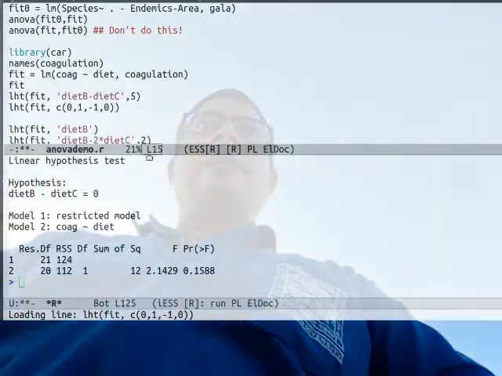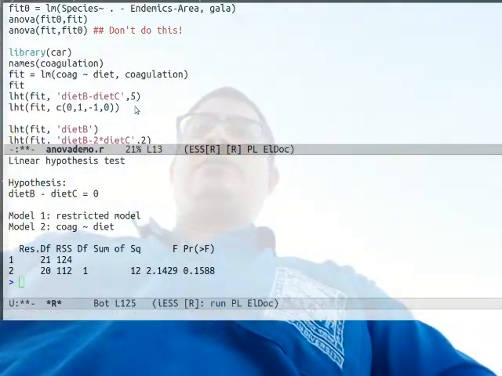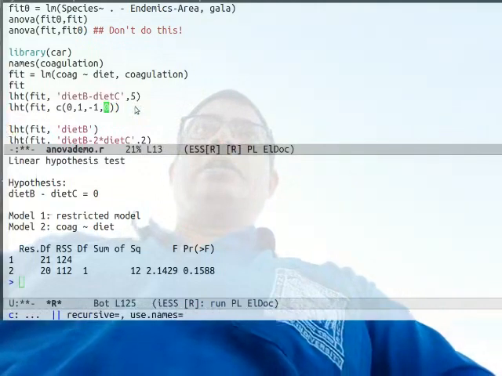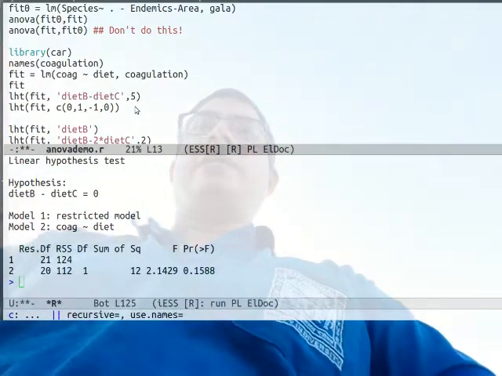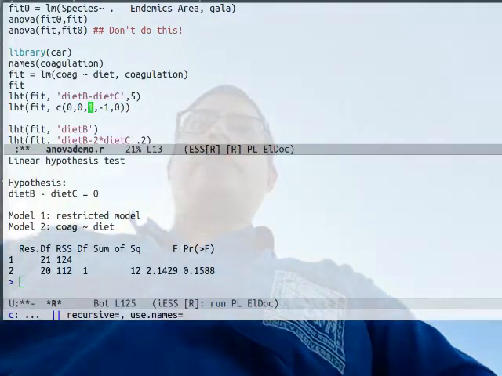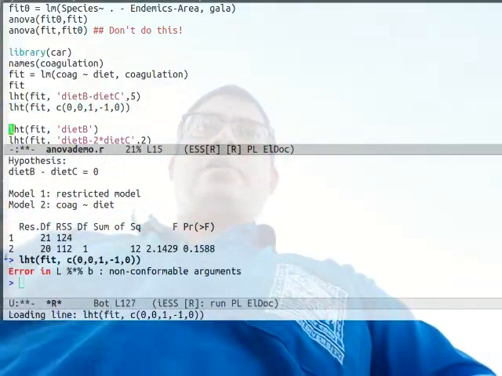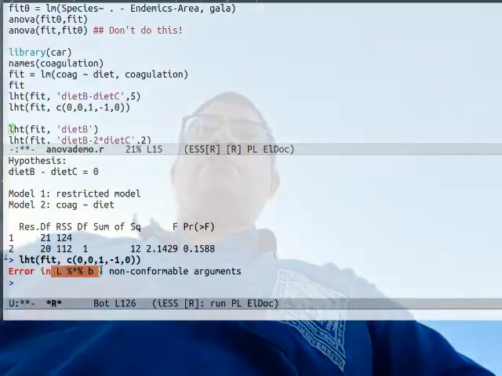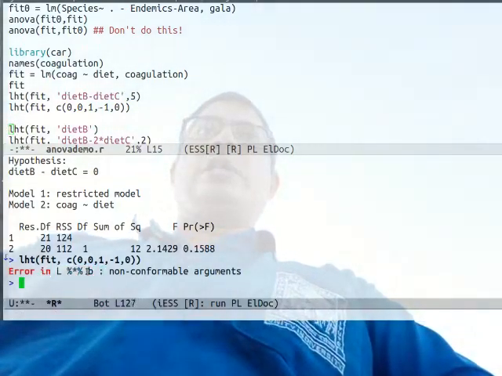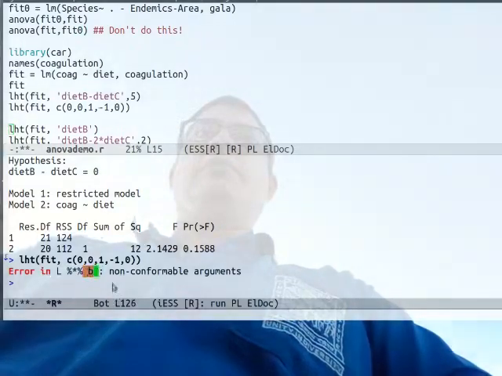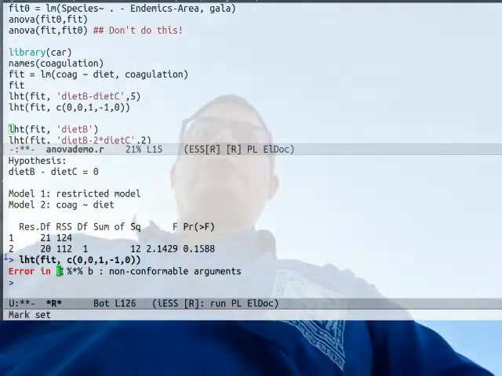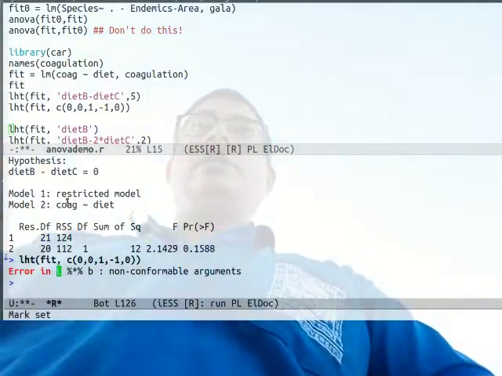Now if you make any mistake here, like you make it something smaller or larger, suppose you forget that diet A is dropped and you put a 0 for that, you will get an error message which is not very clear. It says, error in L times B, non-conformable argument. So you understand that they are internally storing the coefficients in B and your restriction matrix in L. Incidentally, this could be a matrix.